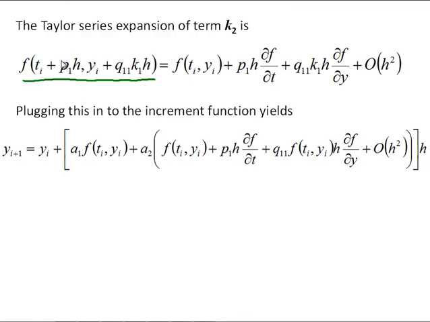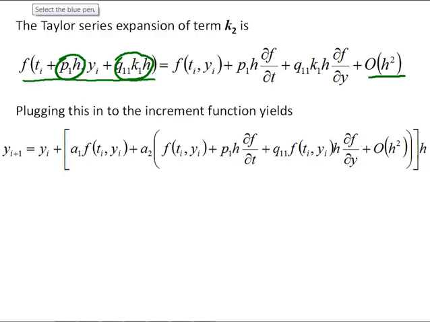So we're incrementing t by the quantity p1h, and we're incrementing y by the quantity q11 k1h. So our Taylor series expansion is going to be p1 f of ti yi plus p1h times the partial derivative df by dt plus q11 k1h times the partial derivative df dy plus terms order h squared and higher. And you may wonder, why aren't we keeping that second order term, since we're deriving a second order method? That'll become clear in a second.